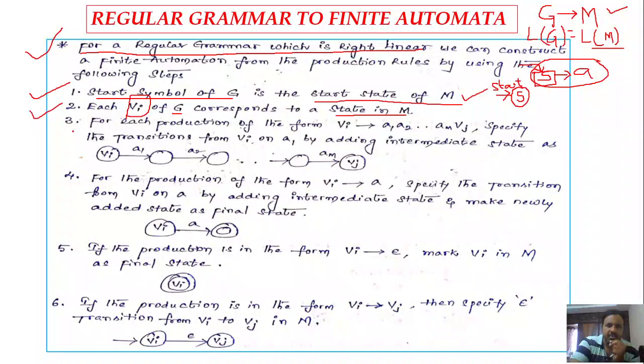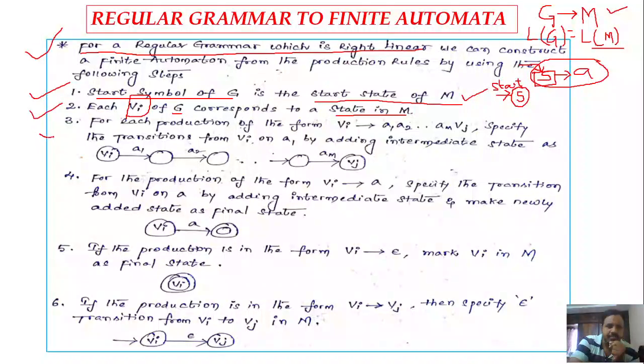So each variable will be considered as one state in the finite automata. That is the meaning, right? In short, each variable in a grammar will be considered as one state in a finite automata.